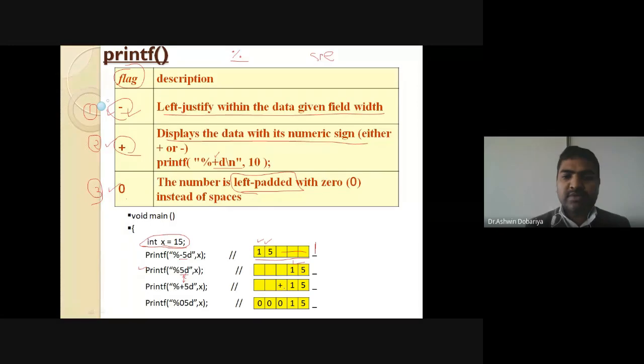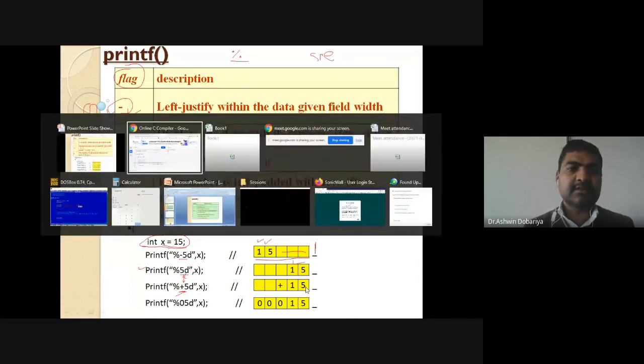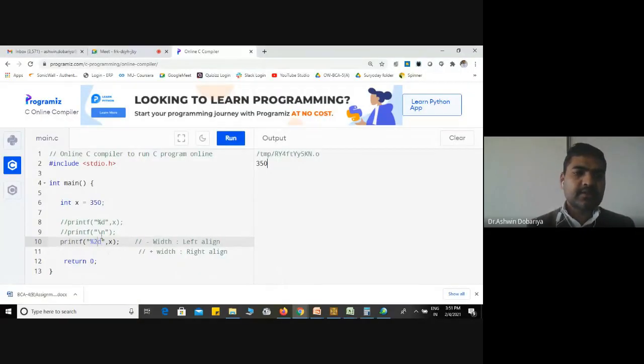If you want to display a plus symbol before your number, then you can add plus over here. Plus is definitely positive, so it displays a plus symbol with right alignment. Let me take a practical. I mention plus 5 and execute this.